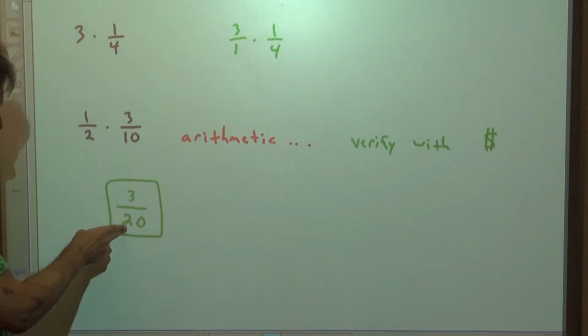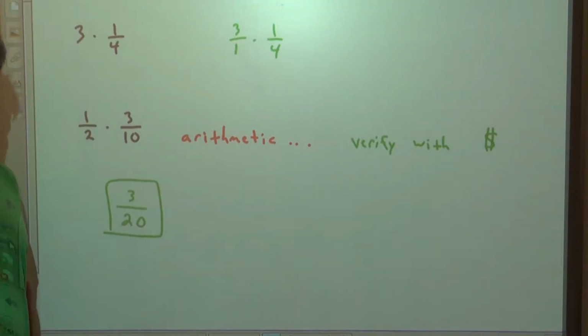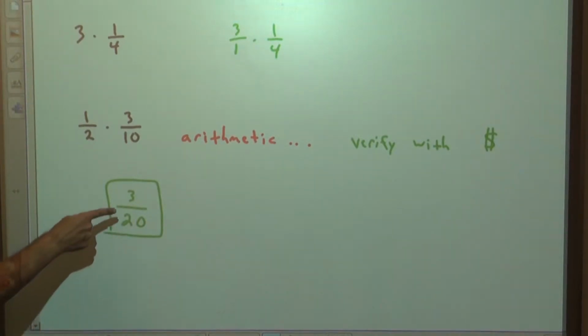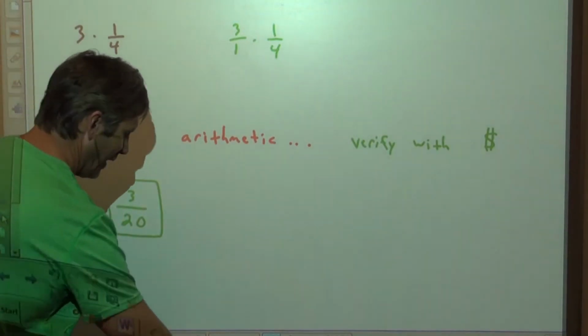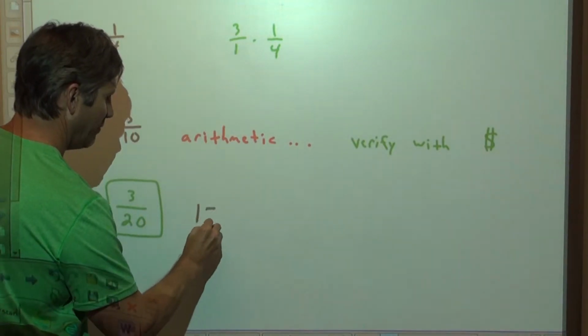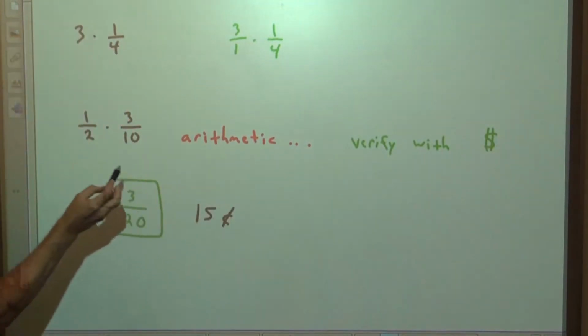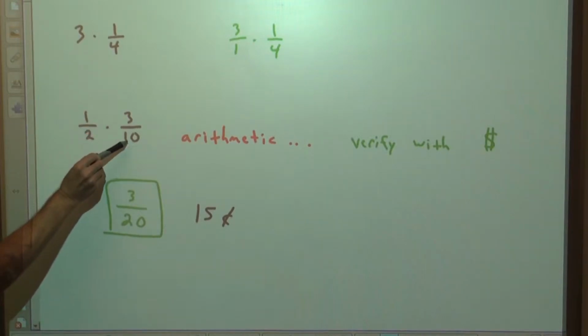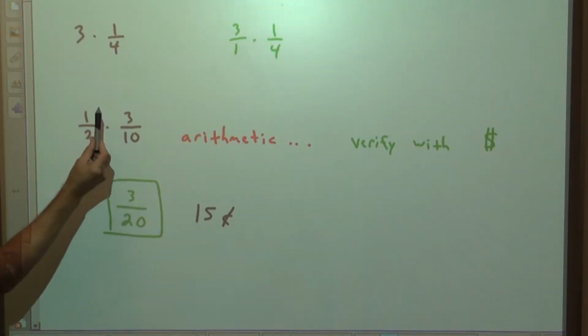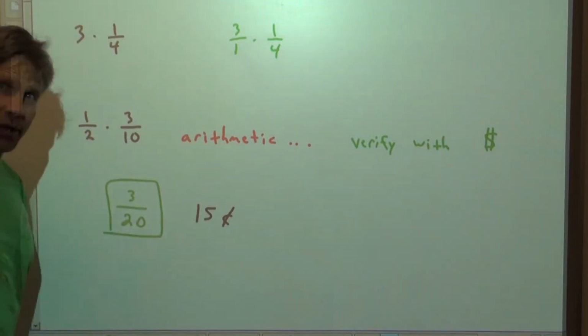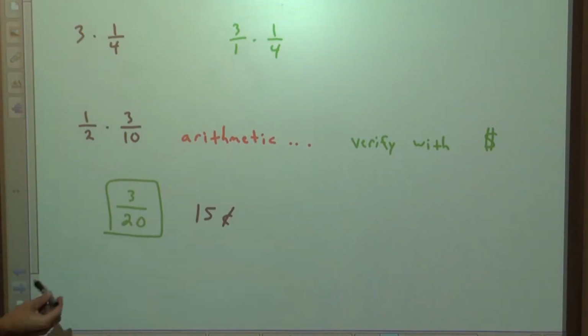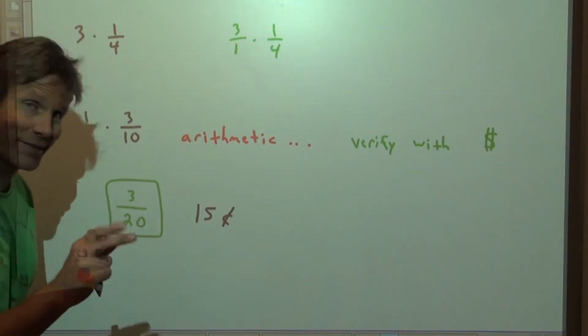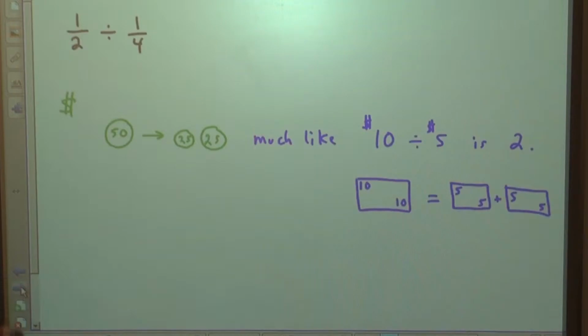What coin is 1/20th of a dollar? Well, by golly, it's a nickel. So if you have 3 nickels, that's equivalent to 15 cents. If you take half of 3 dimes, half of 30 cents, you bet your sweet bippy you end up with 15 cents. So fractions make more sense than it might seem at first.